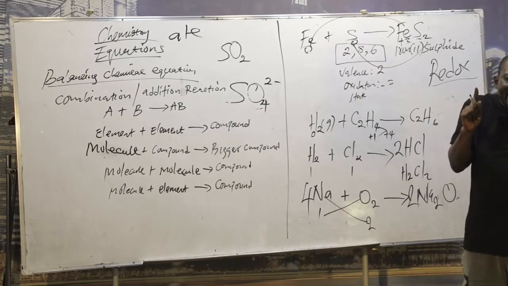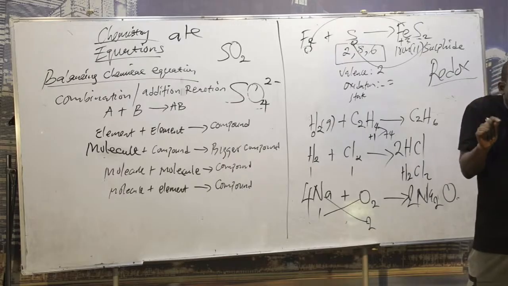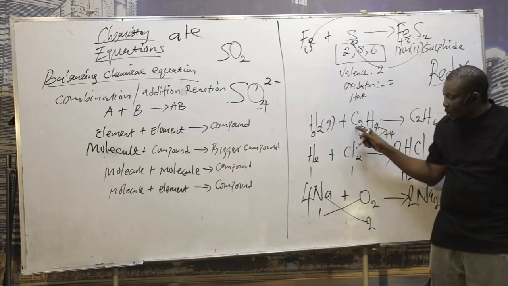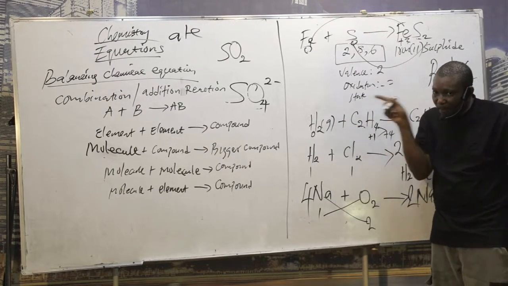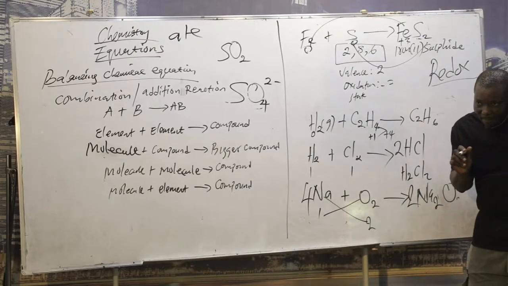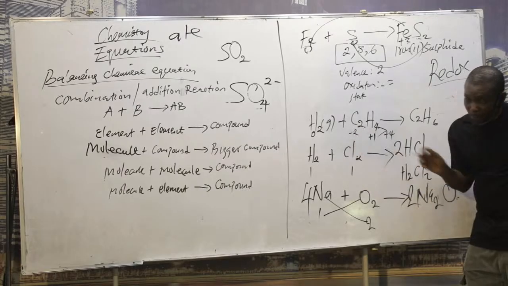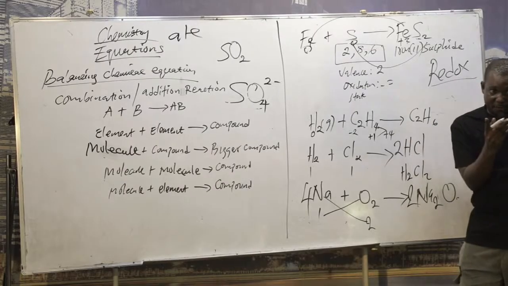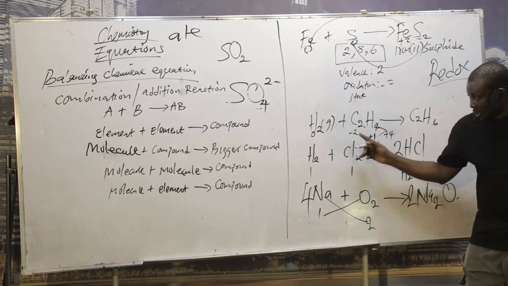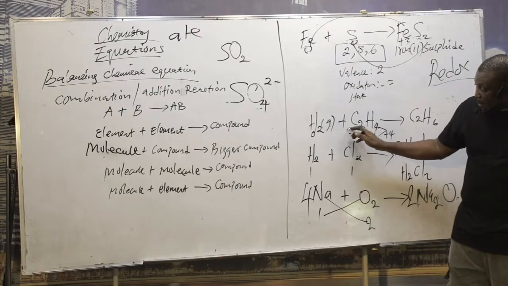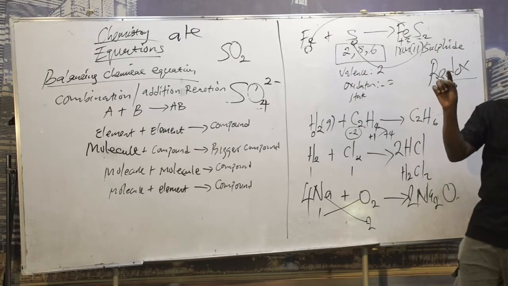You now say, okay, the sum of oxidation numbers of atoms of elements in a compound must be 0. Bearing that in mind, what then will be the number of carbon here? There is 1 carbon here. Am I free to say 1 carbon here is -2? So when I multiply by the number of carbons, we have -4, isn't it? So that -4 plus 4 will give me 0. Therefore, the oxidation number of carbon here is -2.